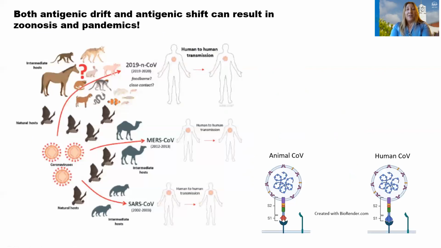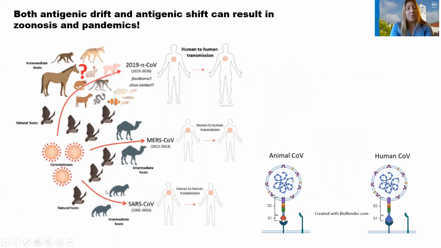So for coronavirus, we know that, again, both of these mechanisms can result in a change, for example, in this depiction of a surface protein that does not interact with the human receptor very well, but either by drift or shift gains the molecular characteristics necessary to interact with the human receptor.